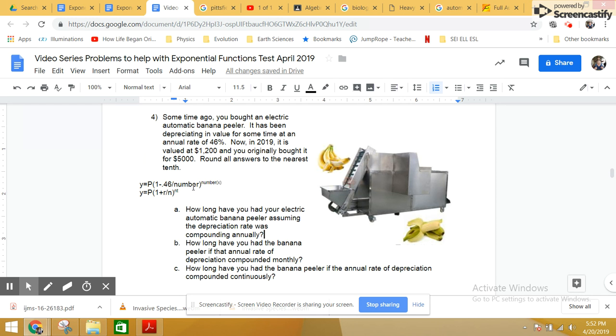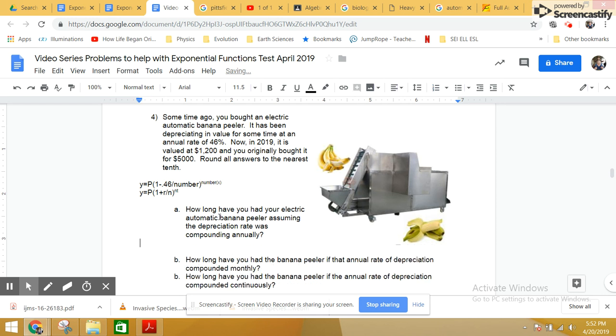The 0.46 will be divided by 1. So we're going to use this basic equation. We're going to say y equals, well, set our initial value, as I said, at 1,200 times 1 minus 0.46 divided by 1, which means we really just say that. We don't even need to divide by 1, and that's going to be raised to the x power.